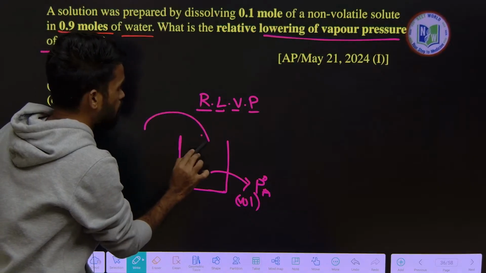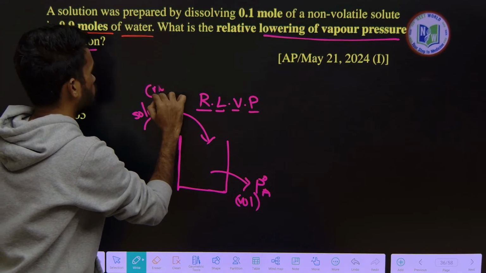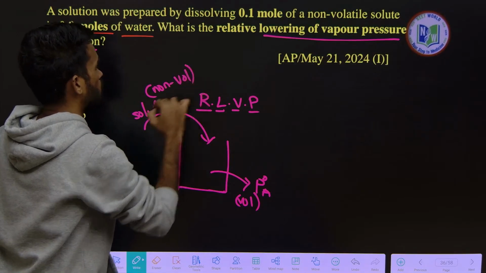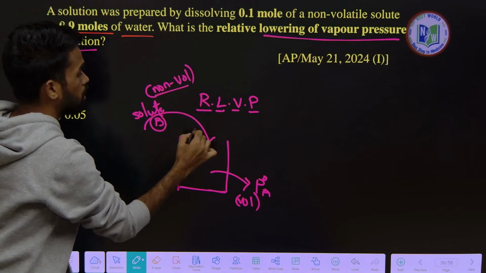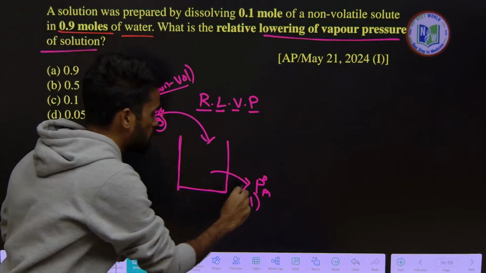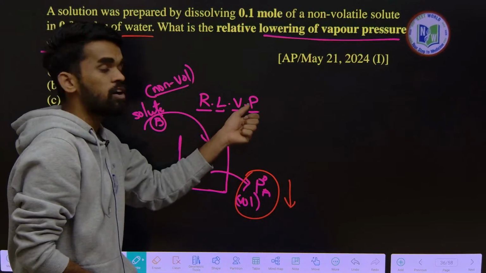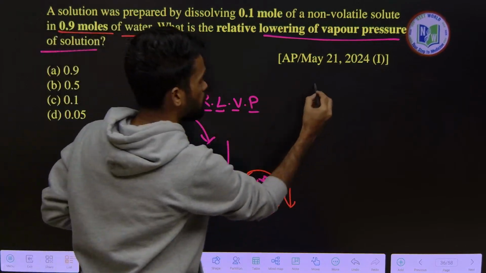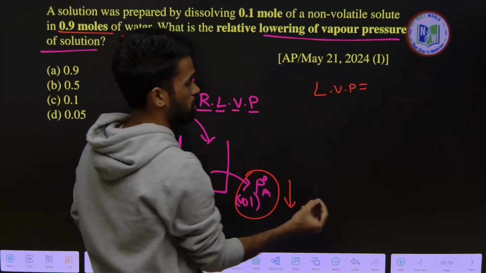To this, I am adding a solute which is non-volatile. So when we add this solute B, which is non-volatile, to the solution, the vapor pressure of this solvent will decrease. That is lowering of vapor pressure. Now, the lowering of vapor pressure, LVP, you should write in this manner.